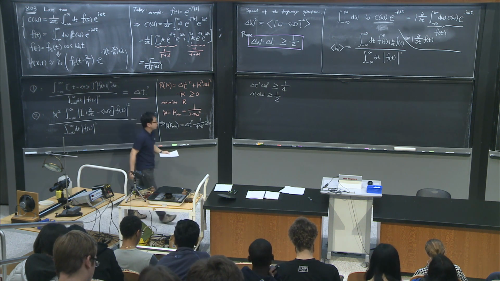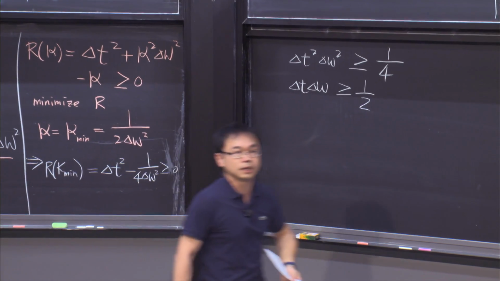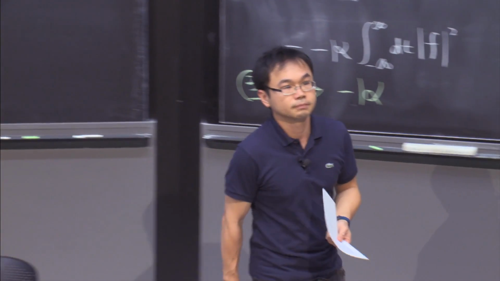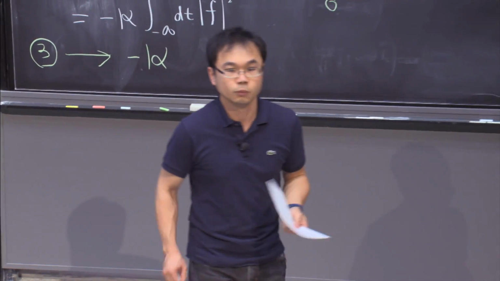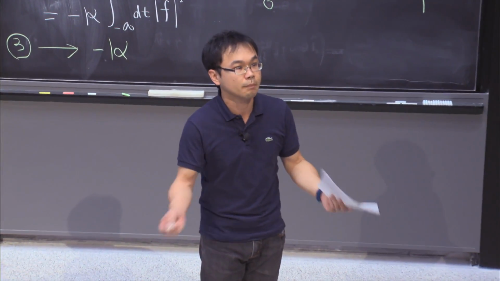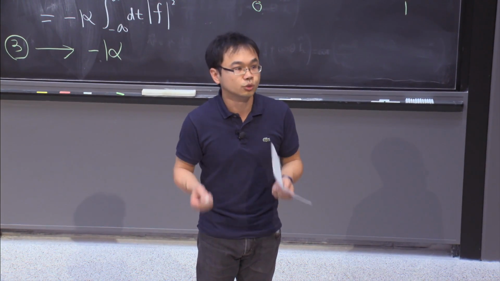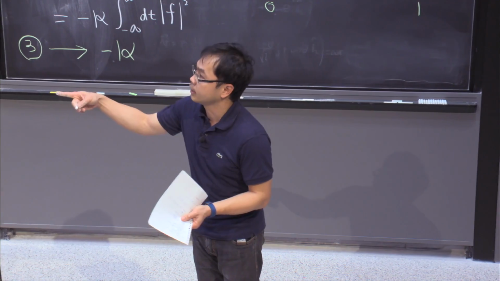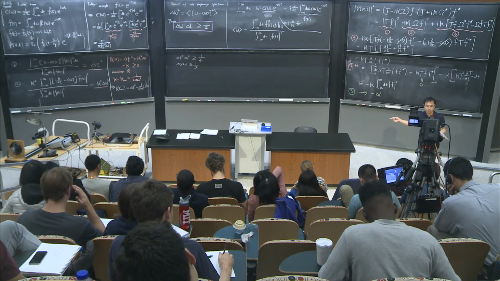So basically, you can see that after all those complicated mathematical calculations, we actually make no assumption. We are just using the definition of the spread of time and the spread of frequency.